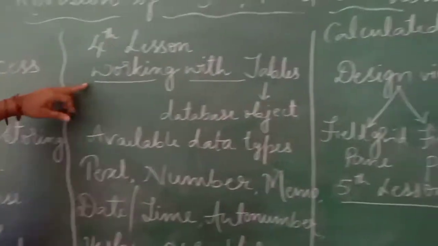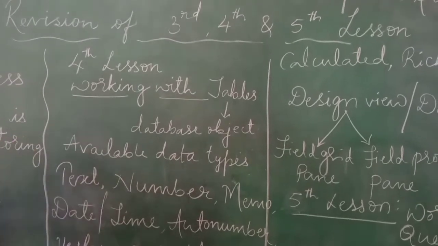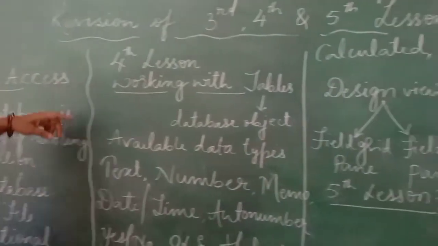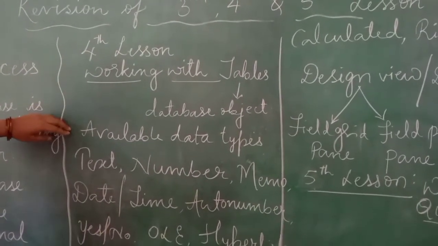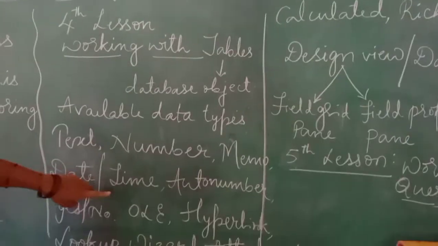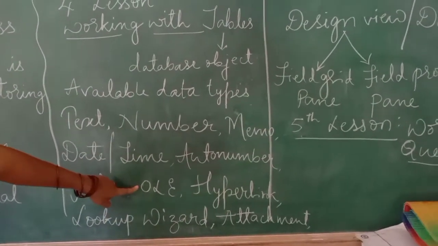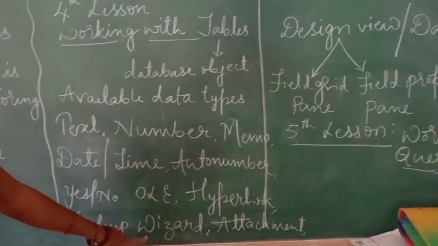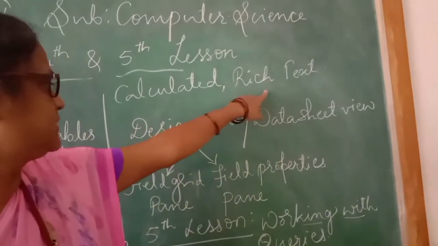Moving to Working with Tables. Database objects, which you have already become familiar with, are tables, queries, forms, and reports. The available data types are text, number, memo, date or time, auto number, yes or no, OLE, that is object linking and embedding, hyperlink, lookup wizard, attachment, calculated, and rich text.